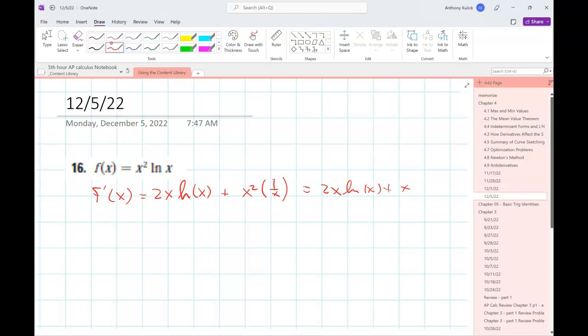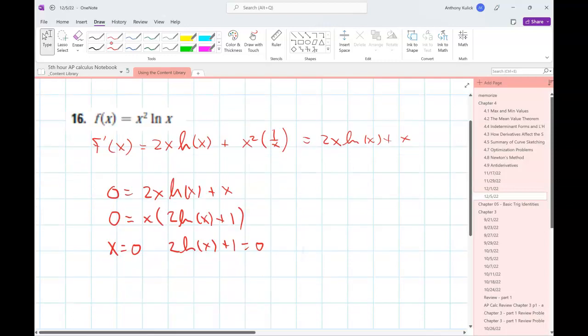All right, so searching for critical values is only going to matter when the derivative is equal to 0. To solve that, I'm going to solve by factoring. I can take out a greatest common factor of x, and then apply the zero product property and set each of those factors equal to 0 and solve.